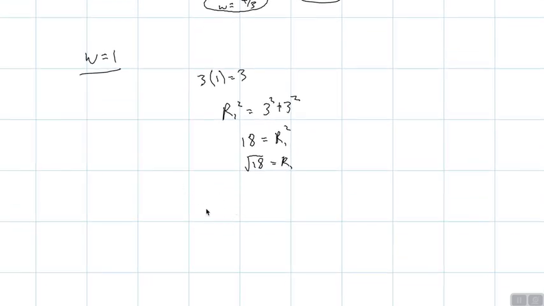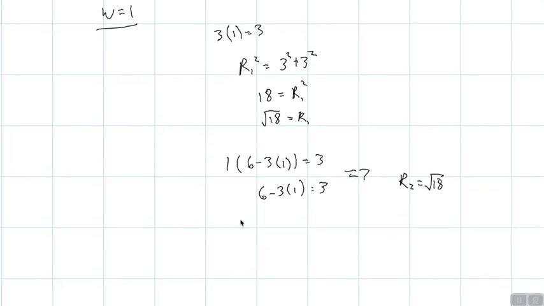Now looking at R2, plugging in w for those sides, 1 times 6 minus 3 times 1 is equal to 3, and 6 minus 3 times 1 is equal to 3. Same deal with 3 squared plus 3 squared is 18, so this R2 has to be root 18.